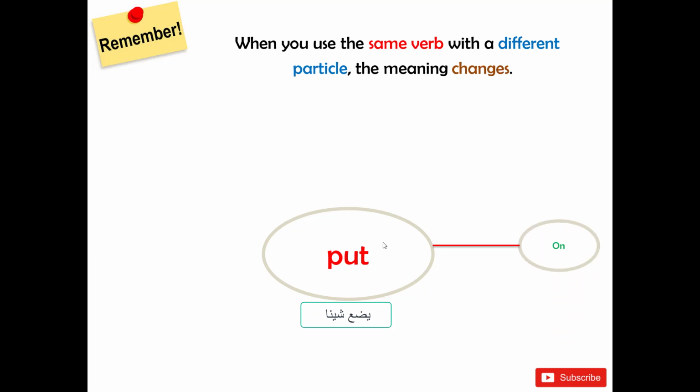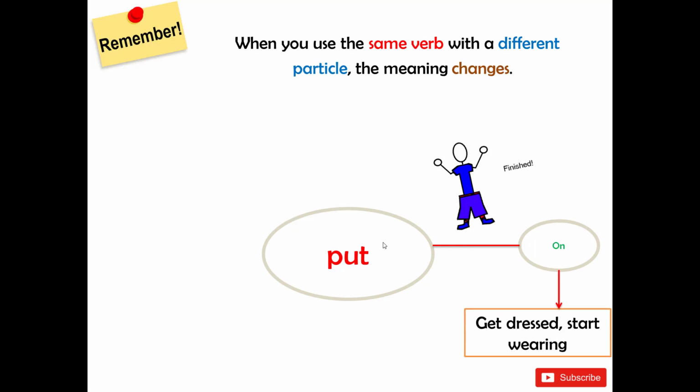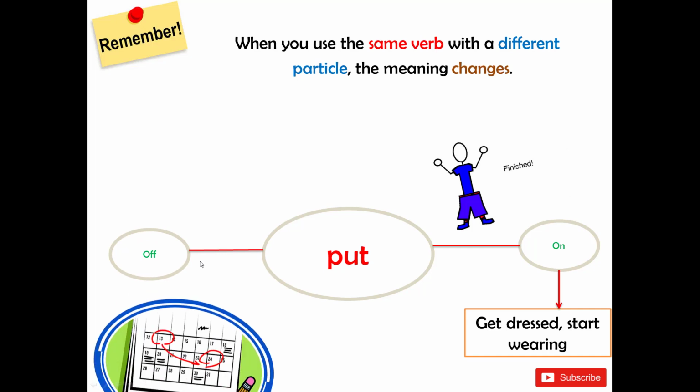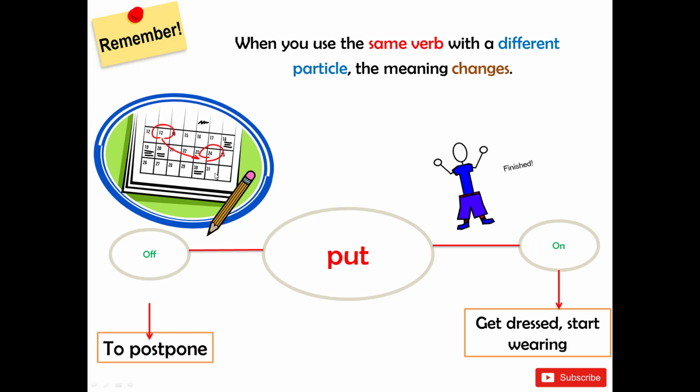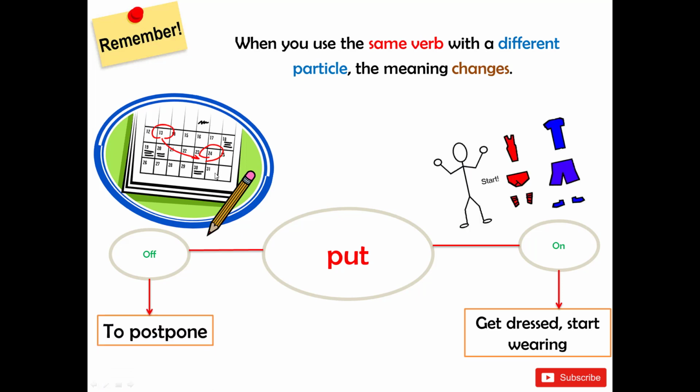But once it is used with on, it becomes put on, which means to get dressed or start wearing clothes, right? And if the same verb is used with off, we get put off, which means to postpone a meeting.